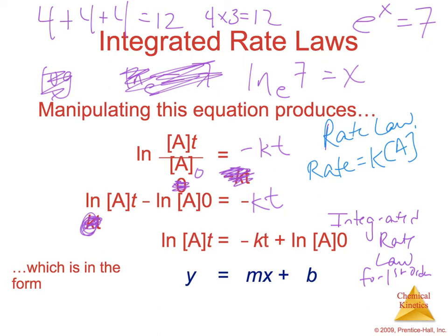Our x values are going to be time, so we're going to be plotting time versus the natural log of the concentration. The slope is going to be the opposite of k, and the y-intercept will be the natural log of the initial concentration. So we're going to use this, okay?